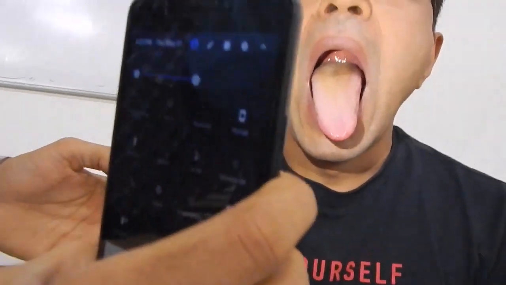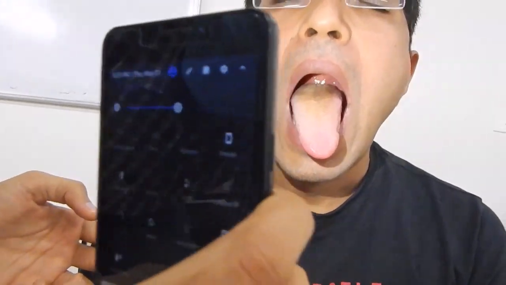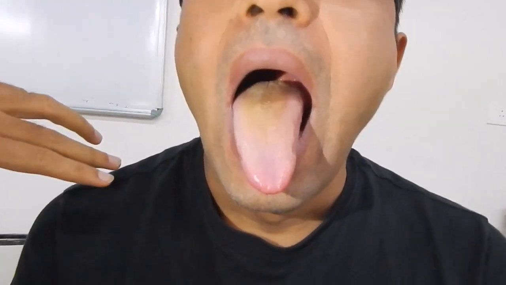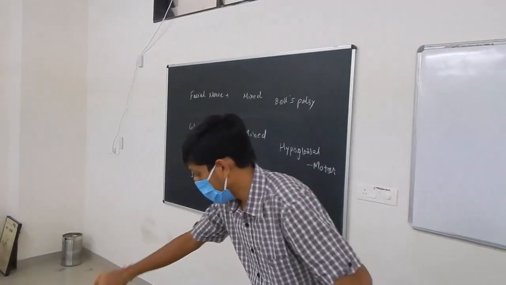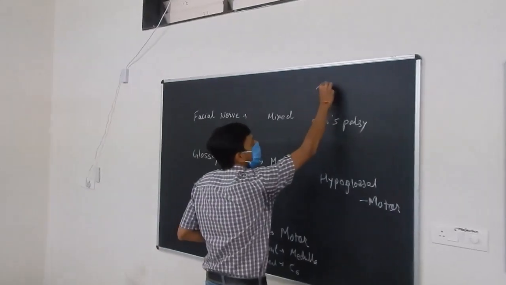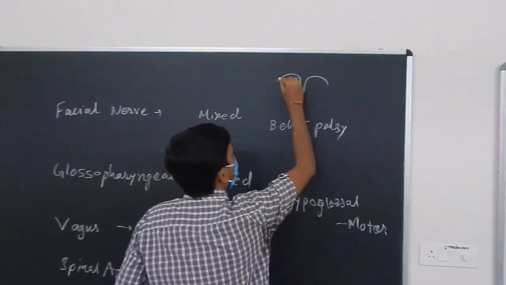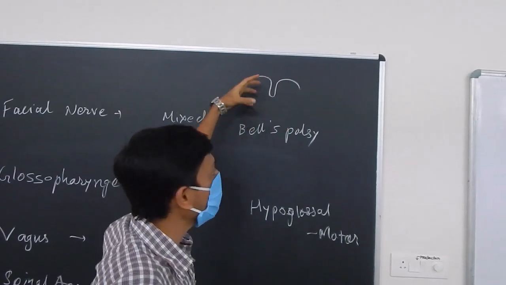Okay, now say ah. Yes, if you are able to see, say ah. Okay, so there will be movement of the soft palate and uvula like this. Uvula will be like this. So the soft palate and uvula will move.